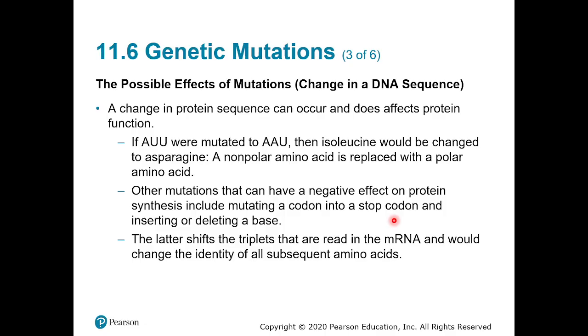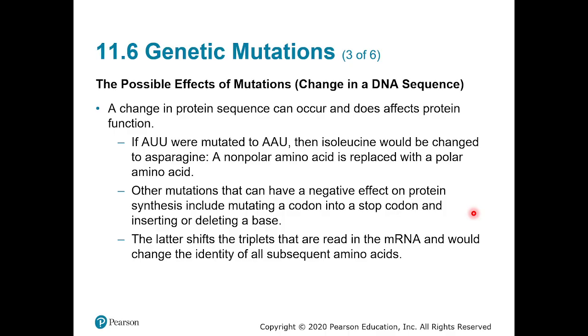All right. Other mutations can have negative effects on protein synthesis. This could include a codon changing into a stop codon, or inserting or deleting a base. If you insert one base, it's going to change the entire frame, right? So we'll have a frame shift. And so all your codons change, don't they? If we were to delete one base, we would change all of our codons, wouldn't we?